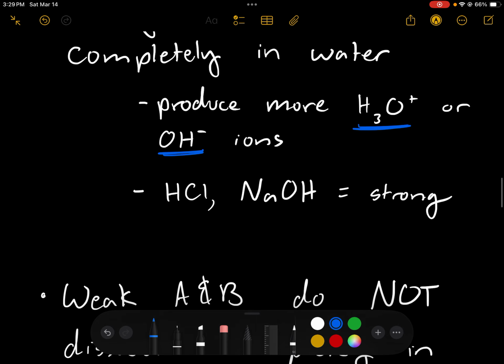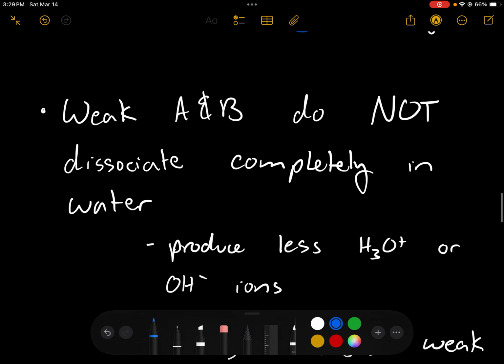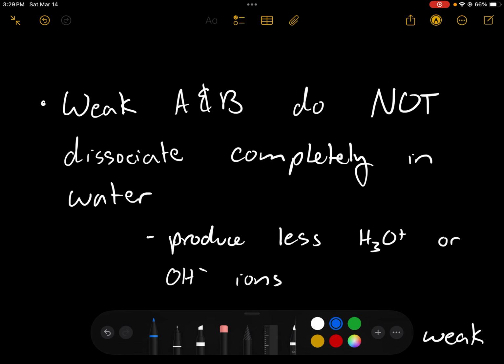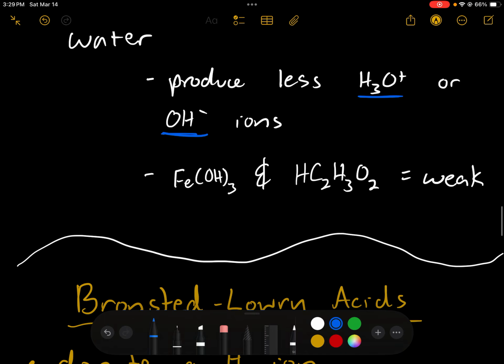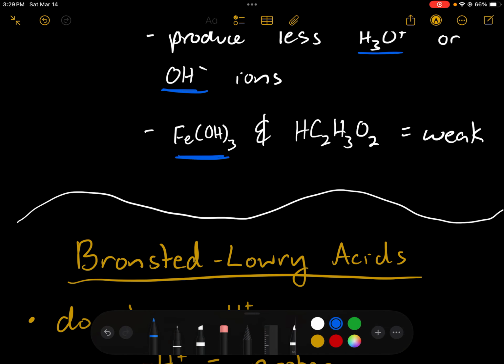So a couple of examples of that: hydrochloric acid is a strong acid producing a ton of H+ and by extension H3O+, and sodium hydroxide is qualified as strong, producing a lot of OH- when it interacts with water. But weak ones, they do not dissociate completely. So whatever compound it is isn't going to break up entirely, and by extension, it's going to produce less of the H3O+ and OH- ions in solution. So iron 3 hydroxide is a weak base, and acetic acid is a weak acid.